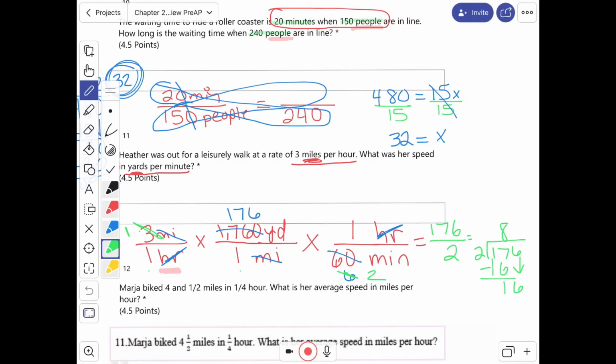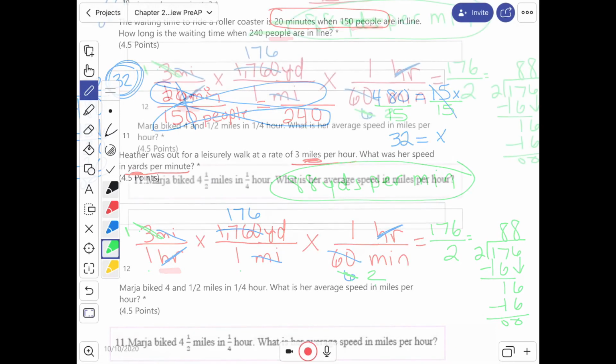Bring down the 6. 2 goes into 16 8 times. Nothing left over. So this would be 88 yards per minute. You can just put 88 in the blank.